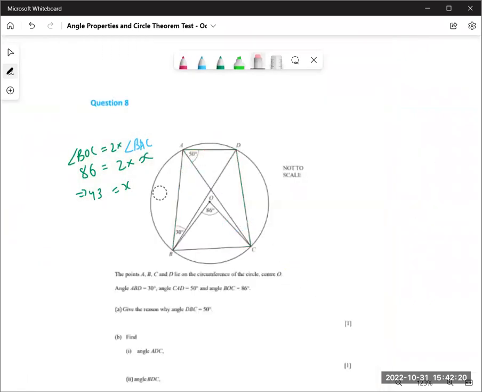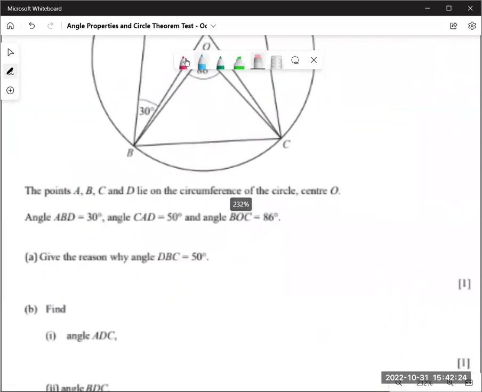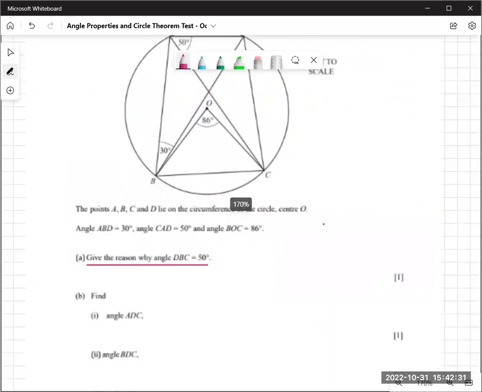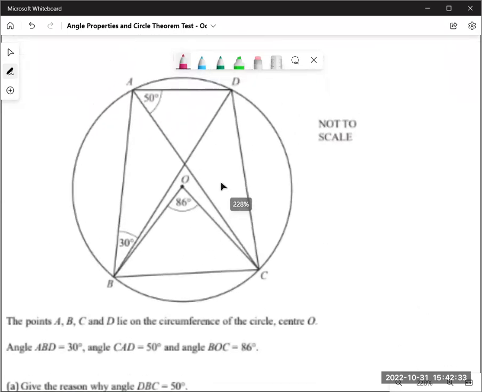There's a different way of solving it. Diana, read question 1 again. Give the reason why angle DBC equals 50 degrees. Angle DBC, right? This one, right?